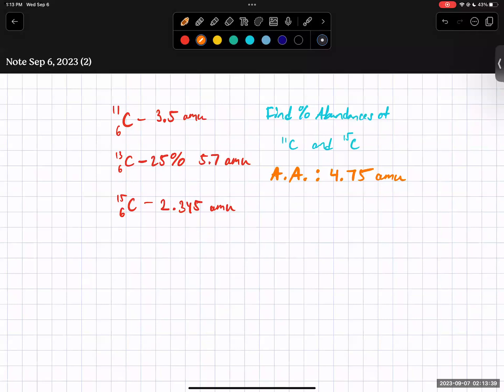And if you get a calculator, whatever you have, if you have one like this one, you don't have to do all the algebra. You just put it in here and you press solve. It'll do it for you.